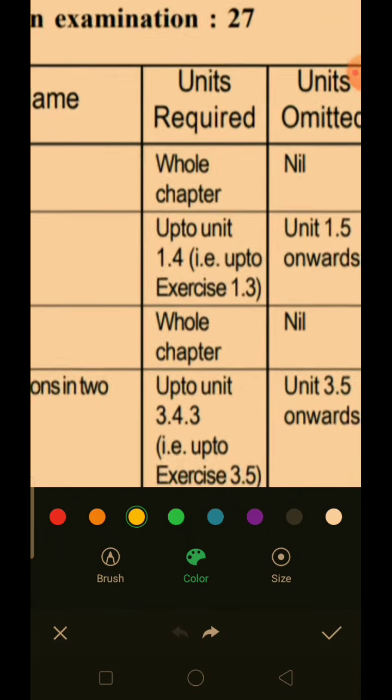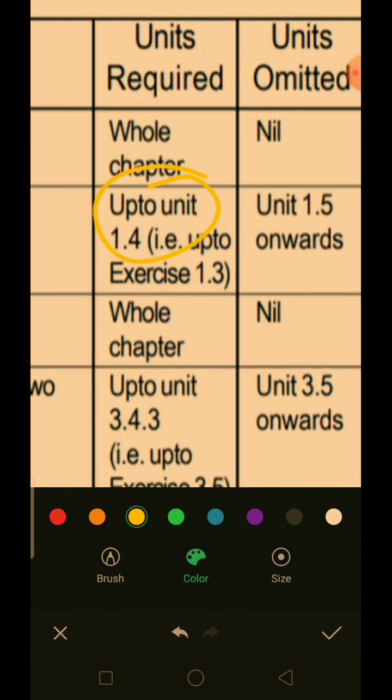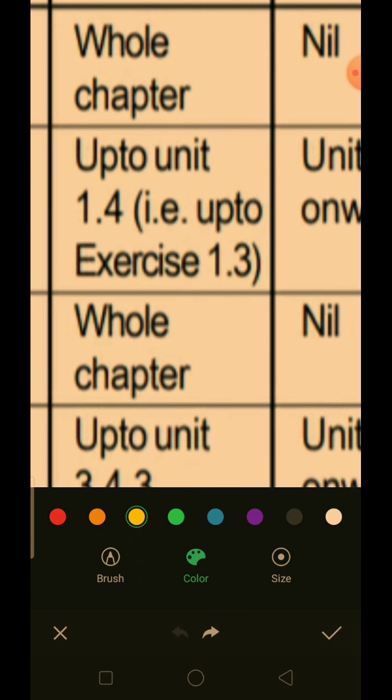You need to study up to unit 1.4. What does that mean? It means that whatever is written within those units up to 1.4, that is 1.1, 1.2, 1.3, and 1.4, there you would have some examples and explanations which you would need to read between the lines and know that questions may come from there, and also questions may come from any exercises up to 1.3.